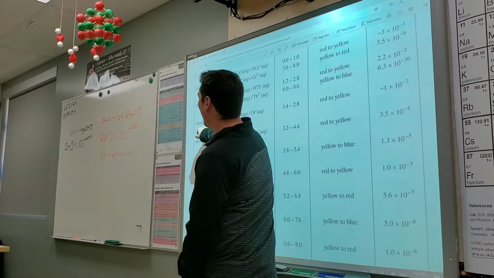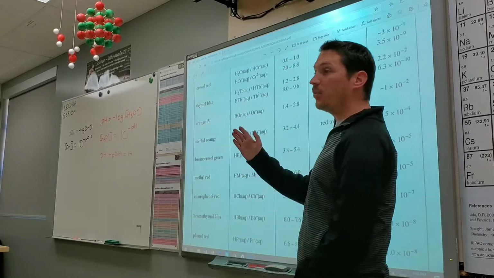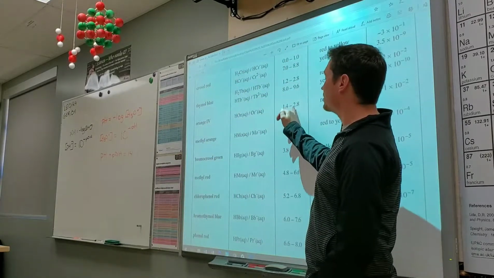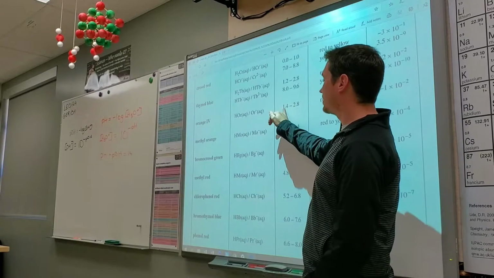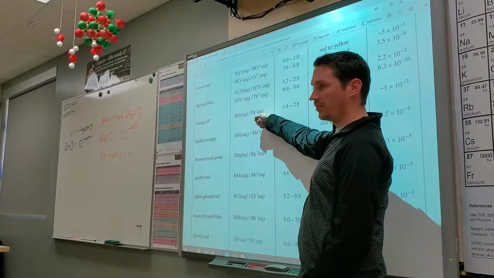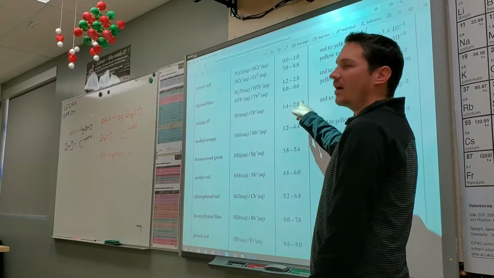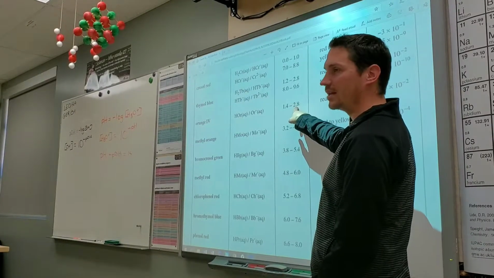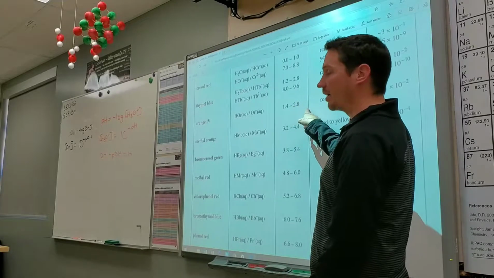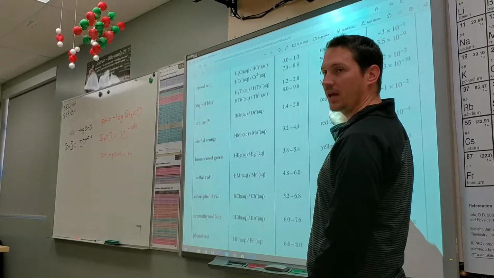So let's look. Is it in between these two things? No. Is it lower than 1.4? No. Is it higher than 2.8? Yeah. It doesn't matter how much higher than 2.8 it is. All that matters is it's higher, so it'll be yellow. Are we okay with that?